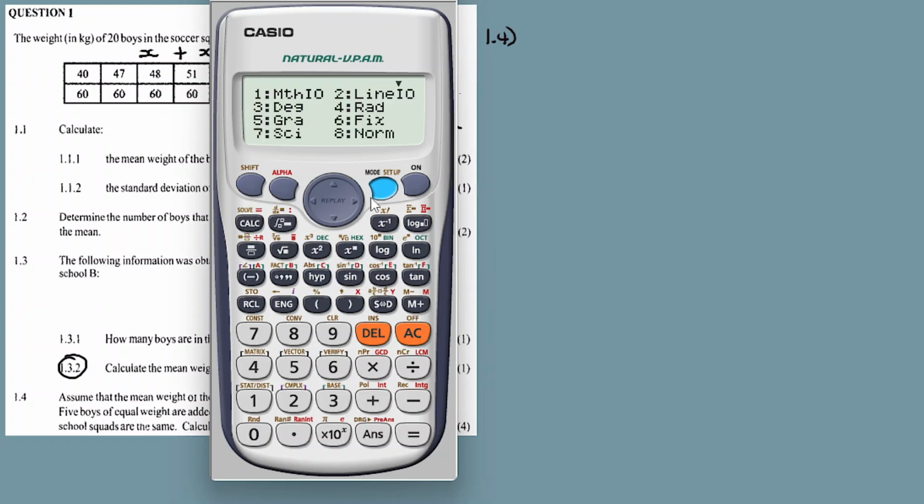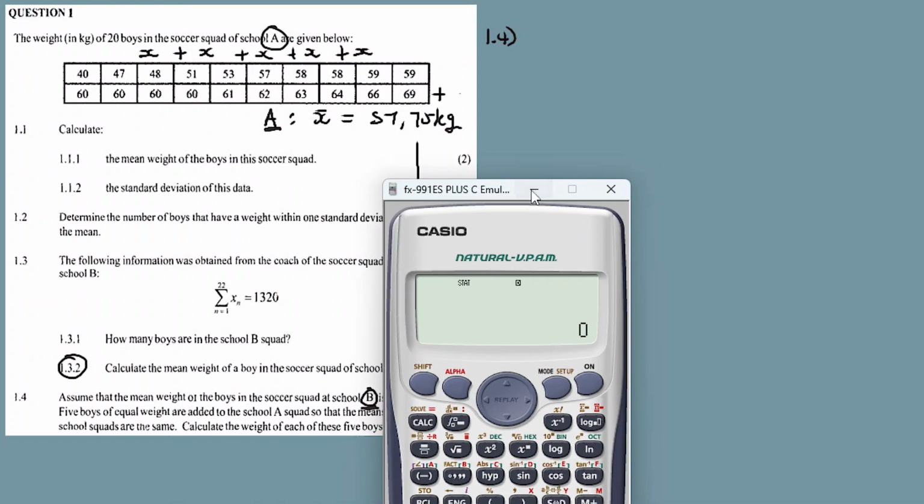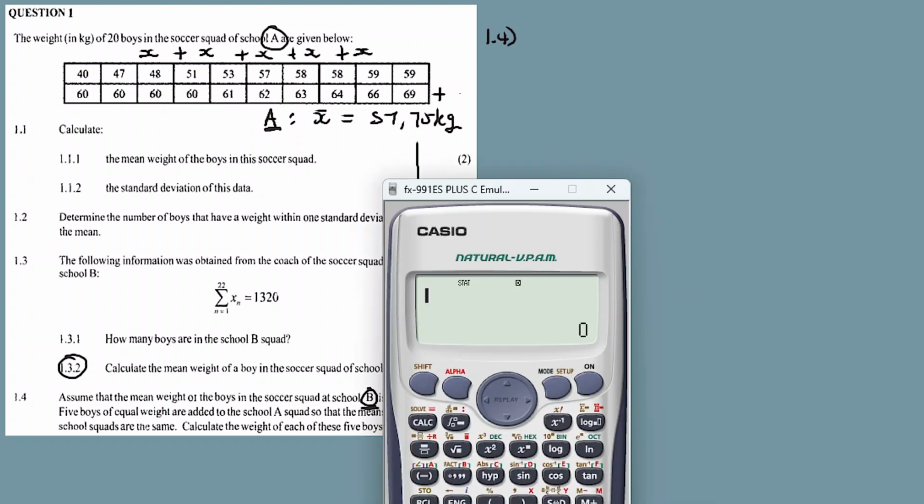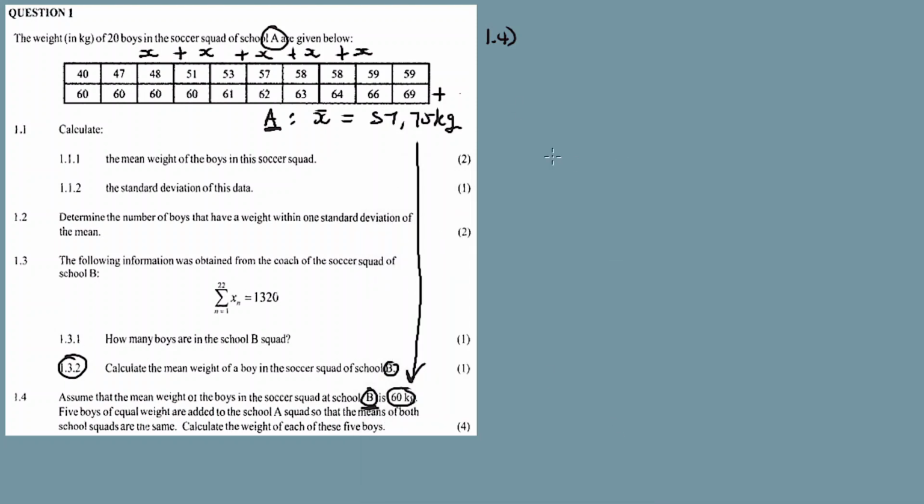Then 3, then number 2. Here it is, this is what I'm looking for. But let me explain where this value from the calculator is used. So you recalculate, but let's do this.